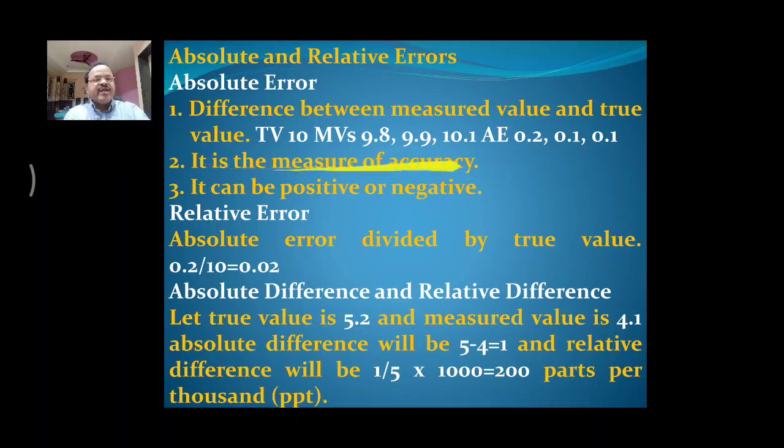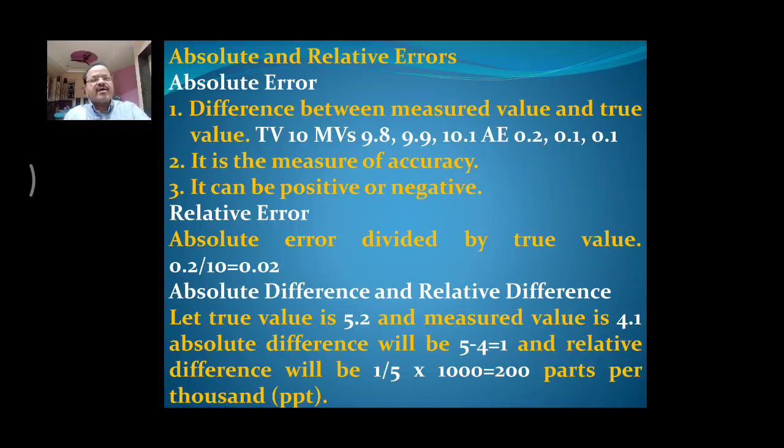It is the measure of accuracy. The lower the absolute error, the more correct or more accurate it is. Absolute error can be positive or negative.